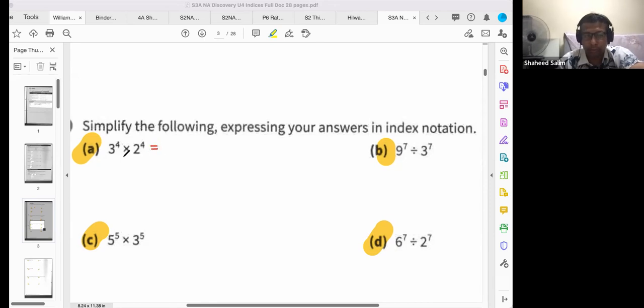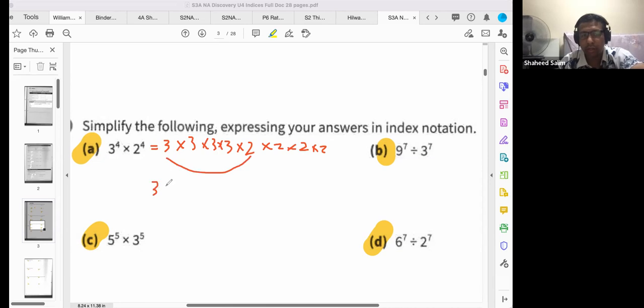I need to prove to you. Okay, so this is 3 times 3 times 3 times 3 times 2 times 2 times 2 times 2. You agree? I am now going to group each of these as one pair. This as one pair.